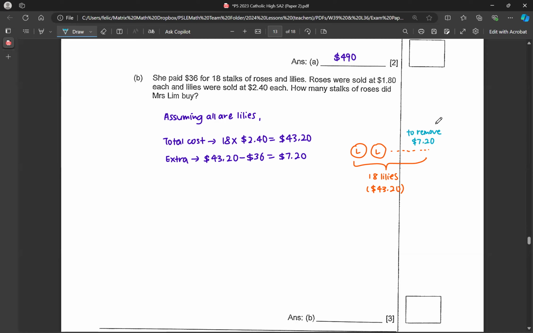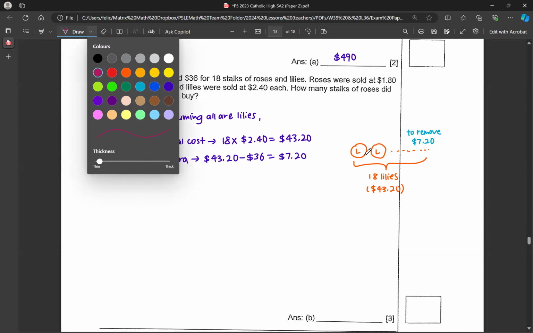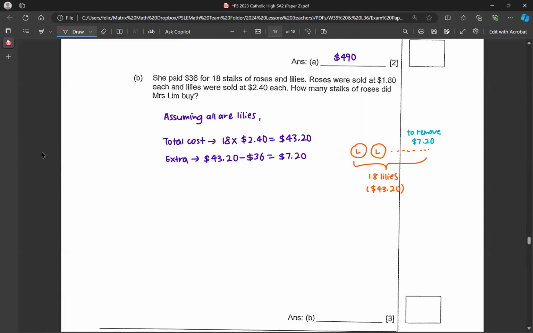Now if I want to remove $7.20, I cannot just sell fewer flowers, because I still need to keep it as 18 flowers. To keep 18 stalks of flowers and yet remove $7.20, the only way is to exchange. Exchange a lily and turn it into a rose.